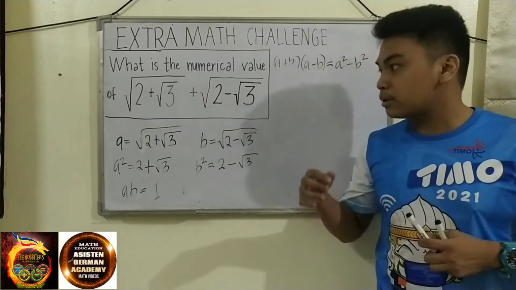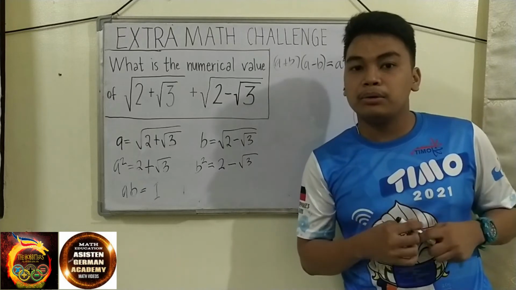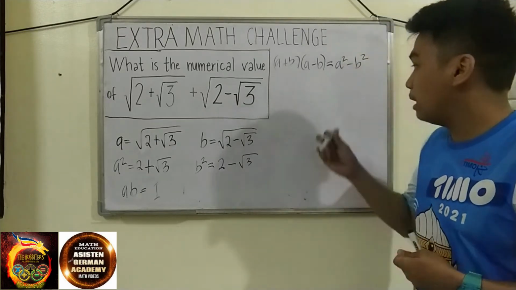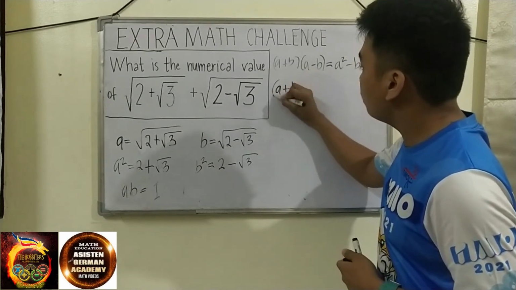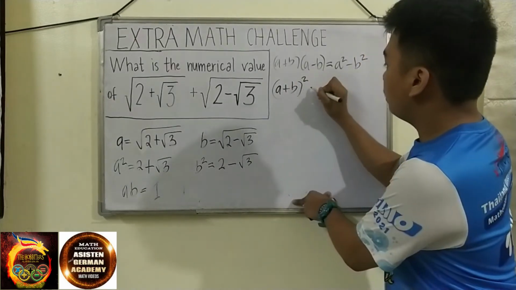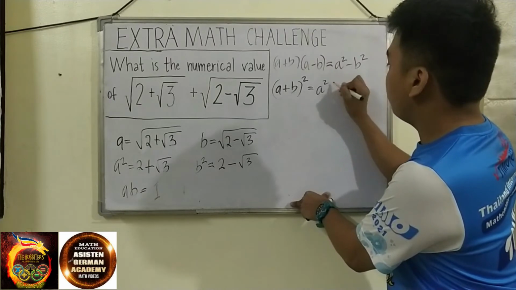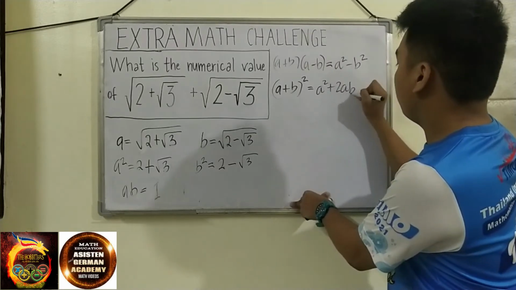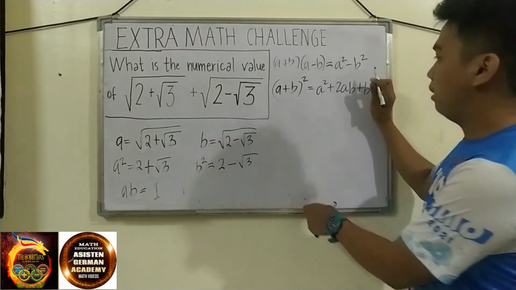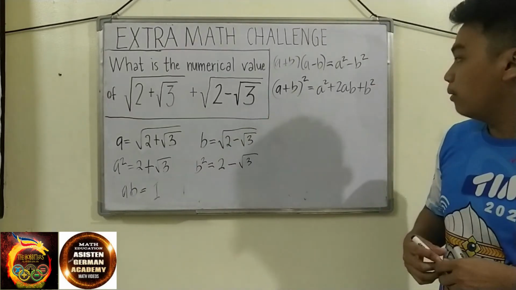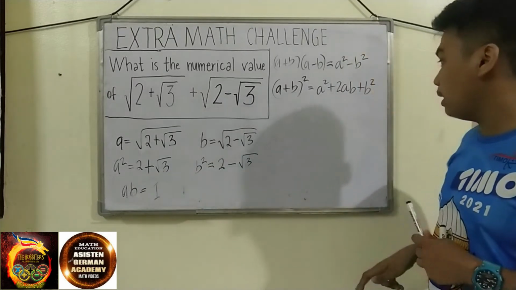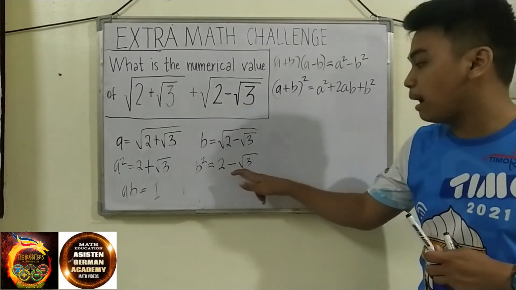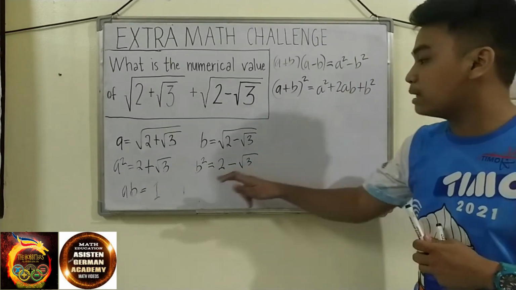And in order for us to solve the value of A plus B, we can use the algebraic identity: A plus B squared is equal to A squared plus 2AB plus B squared. So A squared is equal to 2 plus square root of 3, B squared is equal to 2 minus square root of 3, and AB is equal to 1.